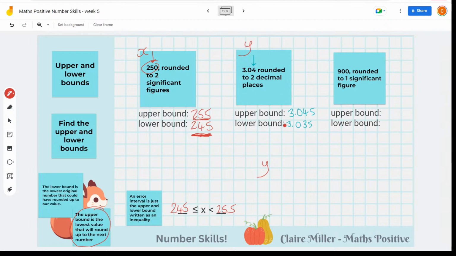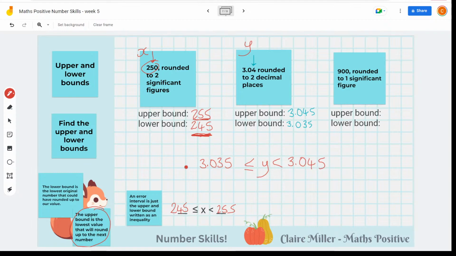And let's just call this y, just for the sake of argument, and let's write an error interval for y. And I know this looks a bit complicated, but we know it's not actually as complicated as it looks. We need to put the lower bound here, so that's going to be 3.035, and the upper bound goes here, 3.045.